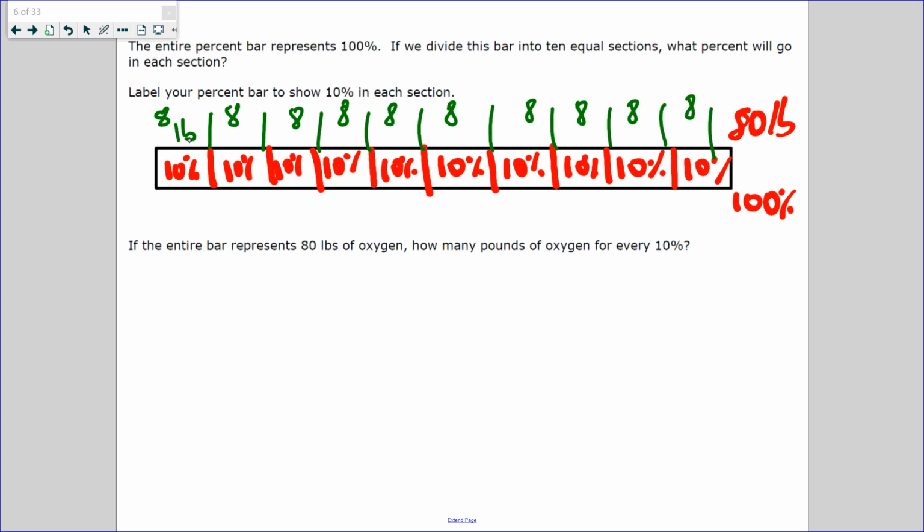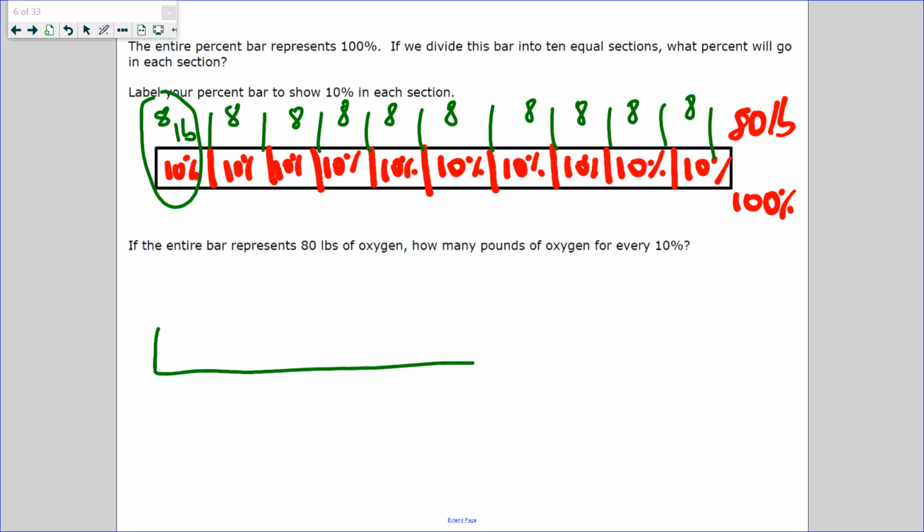Because 10% times 10 is 100%, 10 groups of 8 pounds is 80 pounds. So, did you say the answer is 8 pounds or 10%?